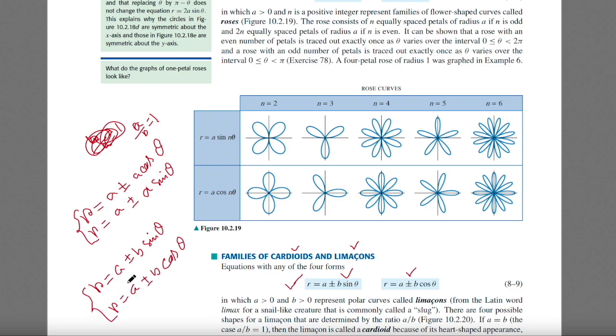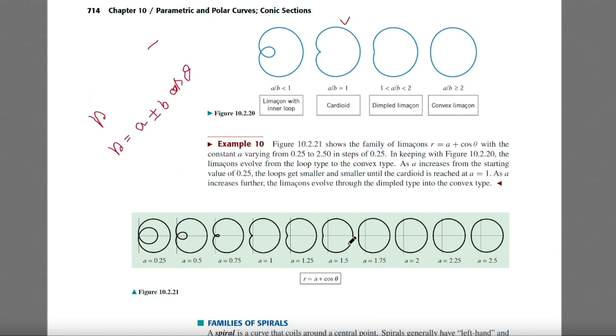This equation represents cardioid if the ratio a by b equal to 1. Otherwise it will represent limacons. It is called limacons. So how does it look like a limacon?